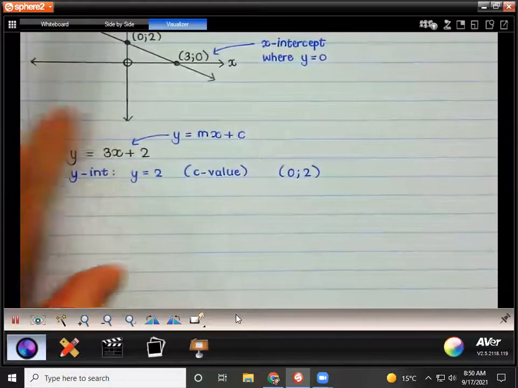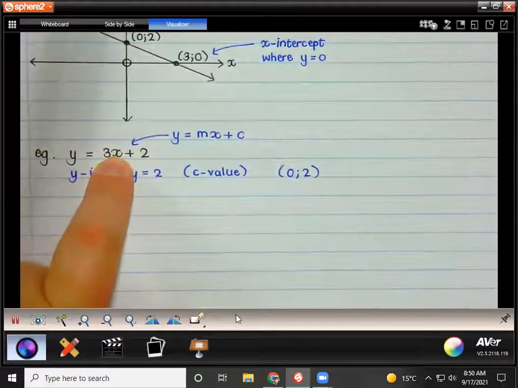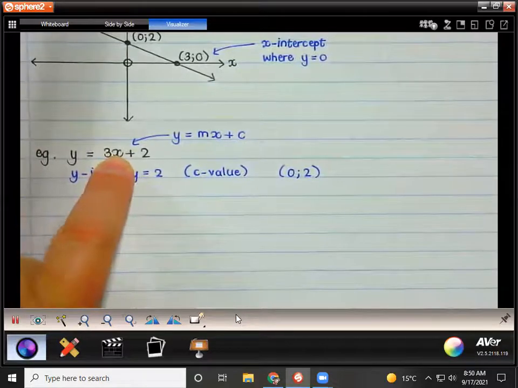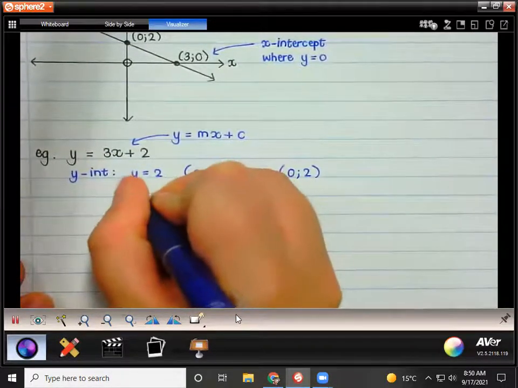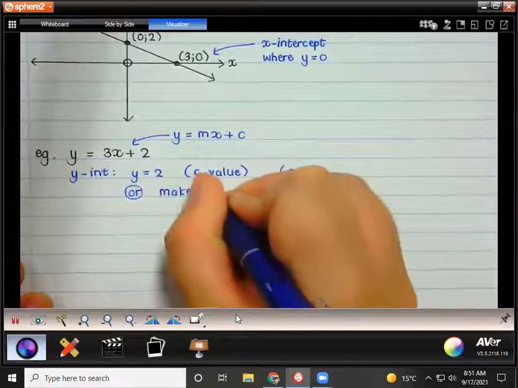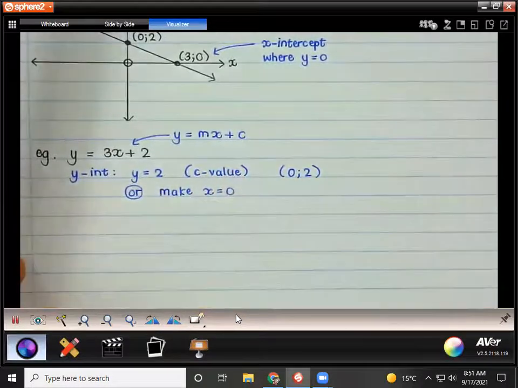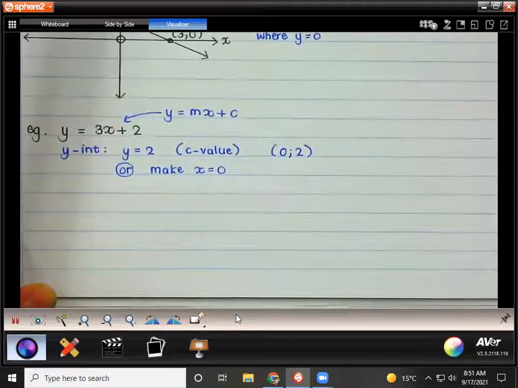So in our equation, if we put a 0 where x is, that will give us our y-intercept as well. So that's one method, just looking at the c value, or make x equal to 0. Just write that down. That's the second method that we're going to practice now.